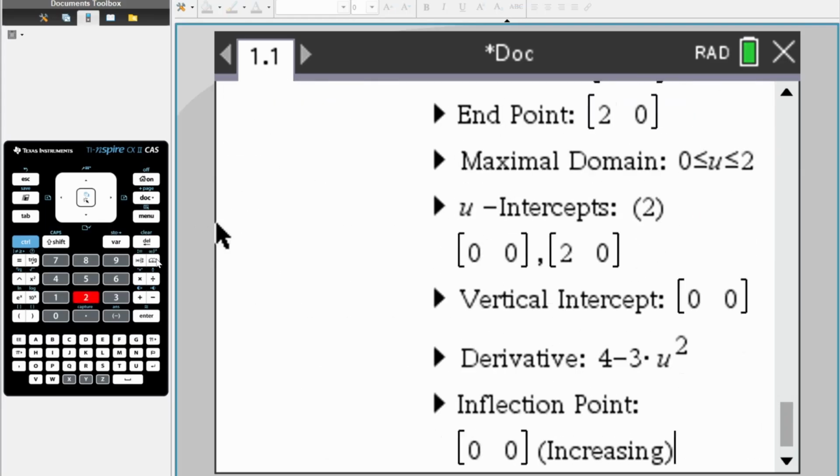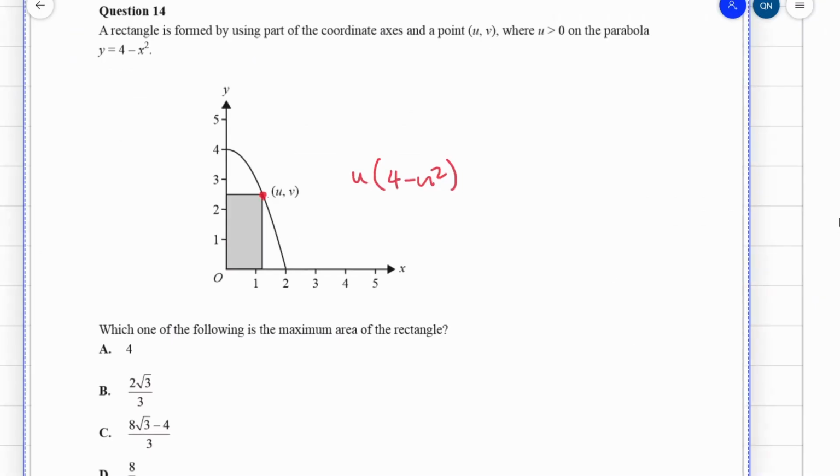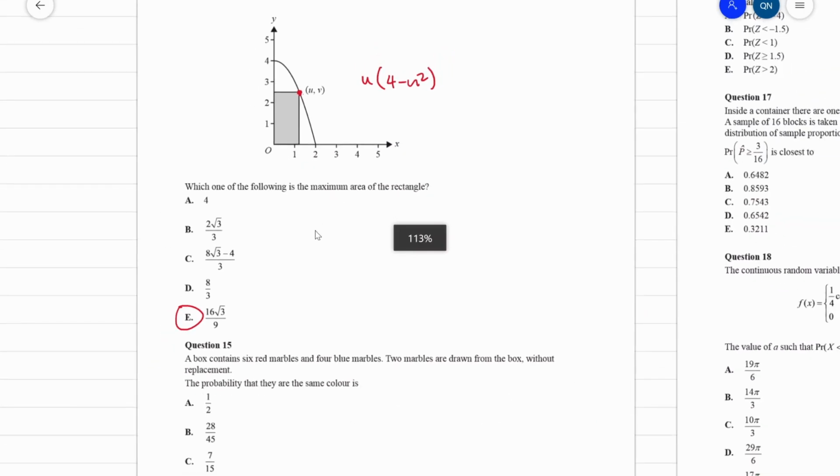Indeed, it was 2. And here's the local maximum, which is indeed the maximum. So 16 root 3 over 9, that's going to be option E. If you don't have the programs, you will just have to find the stationary points of this function, and then just take that point and plug it back into the function, because that gives you the area.